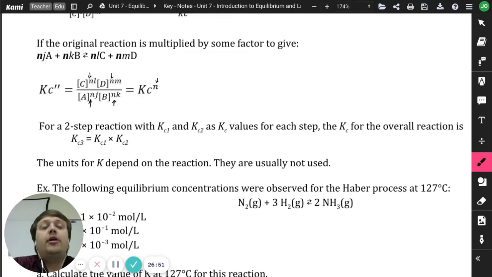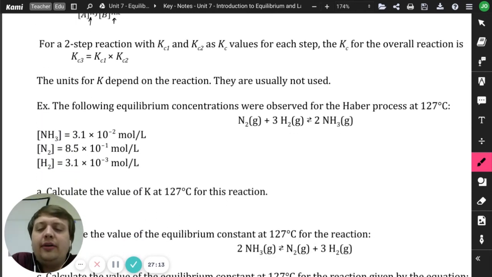Now, the unit of K really does depend on the reaction, so we typically don't even bother with it, and you don't tend to put a unit on Kc. If you look at the previous Keq or Kc values that we've solved, you've noticed that we haven't put a unit. It's because we don't typically use a unit.